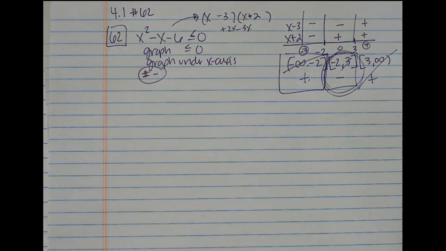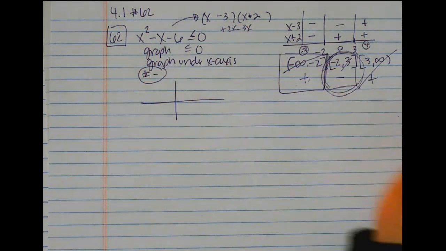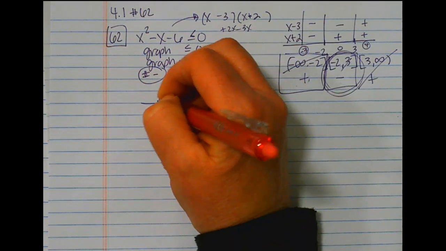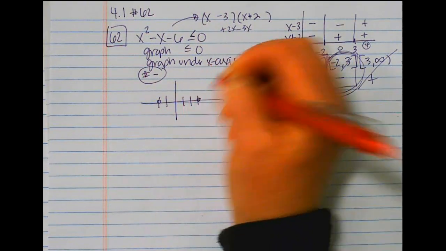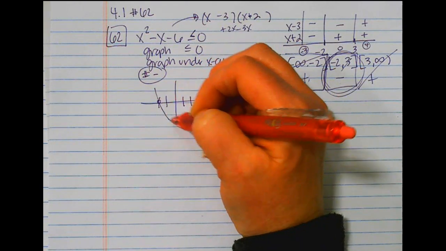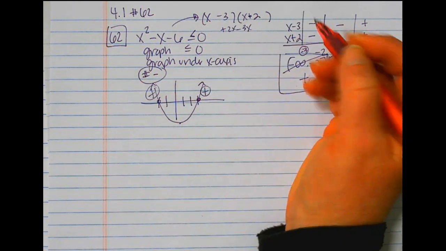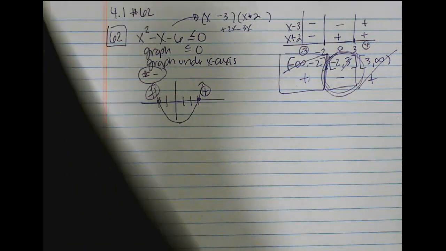Wait, would the graph be like a parabola? So the graph is a parabola. It actually looks like, so negative 2 and positive 3. It has some vertex here in the middle. And this is positive and this is positive. But I'm looking for the negative.